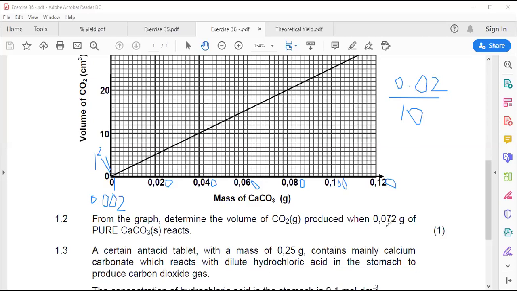So here you're given 0.072. You look for it. It's going to be between the 0.060 and the 0.080, so it's somewhere here, and you count in twos.